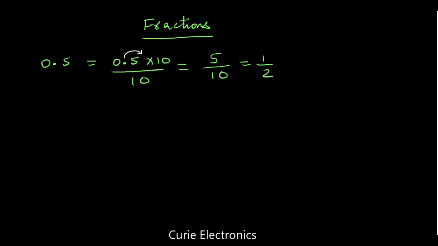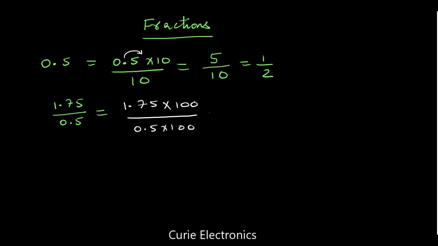Now let's take one more example. 1.75 upon 0.5. How do you simplify? See, I want to convert this numerator and denominator to whole numbers. So what I will do, I will multiply these two by 100. 1.75 multiplied by 100. Whatever you do, you have to do it to the numerator as well as the denominator. The same process. 0.5 multiplied by 100.